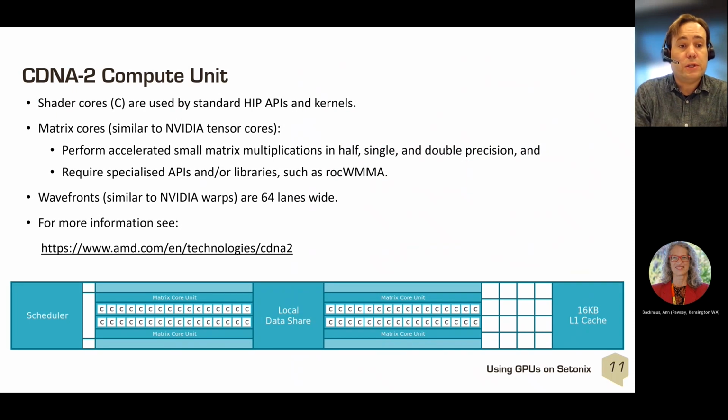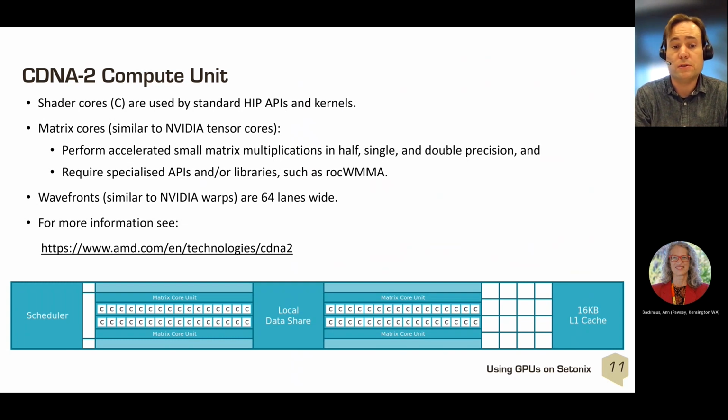For the CDNA2 compute unit, the shader cores, which are denoted here in C, are used by the standard HIP APIs and kernels. There's also matrix core units, which have these matrix cores that are similar to the NVIDIA tensor cores. And these provide accelerated small matrix multiplications in half, single, and double precision.